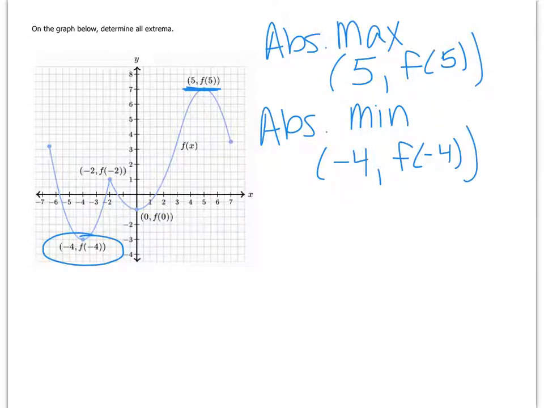But now is where I have to pay a little bit more attention. So extrema are maxes and mins. Where the graph is 0, where it's undefined, is where I'm going to get those critical points, but I just want max and min. So right here I have a local min. It's a low value at 0, f of 0.